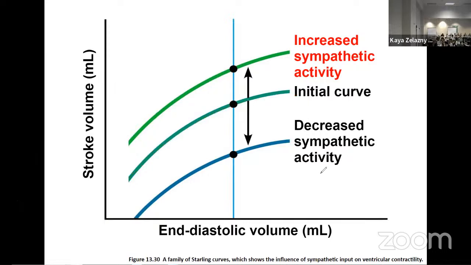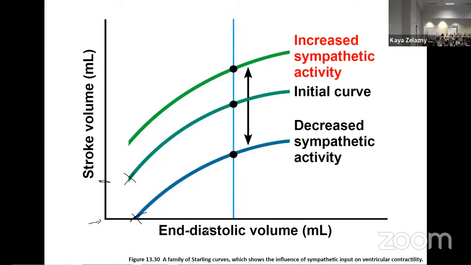By contrast, if you decrease the sympathetic activity, that whole relationship shifts down. So now, that same amount on the initial curve, where we had some low amount of stroke volume, on this curve, as it's drawn with decreased sympathetic activity, so there's no sympathetic innervation happening, you don't have any stroke volume at all.